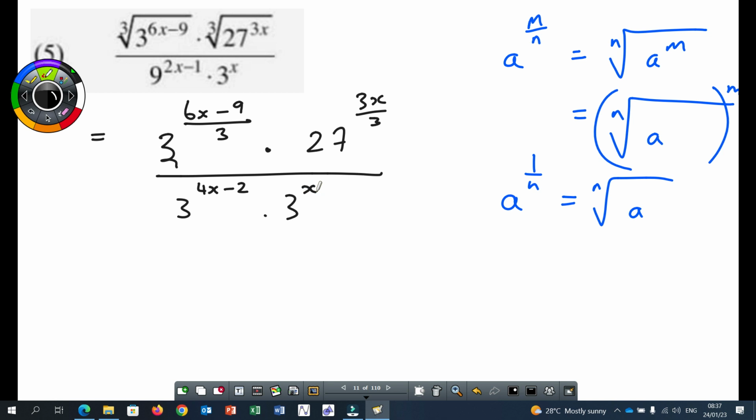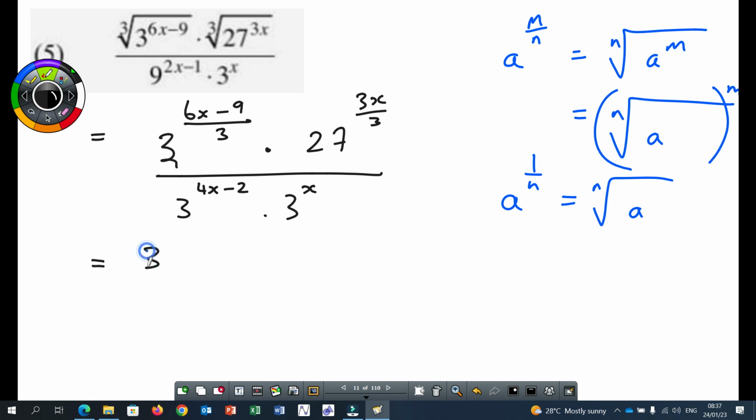I hope nobody gets confused as to how I got this 4x minus 2. I converted 9 to a base of 3, so it becomes 3 squared. So 2 times 2x gives me 4x, 2 times minus 1 will give me negative 2. Then let's simplify that.